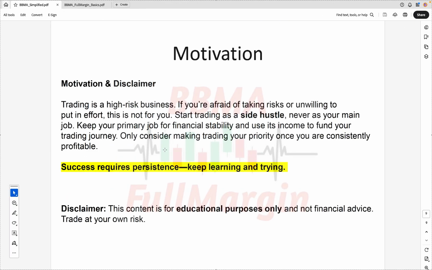Motivation and disclaimer. Motivation, as I explained in my previous videos as well: trading is a high risk business. Every business has its pros and cons, but trading is really high risk. If you are really afraid of taking risk and you are not in a situation to take risk, I would say don't come to this business.